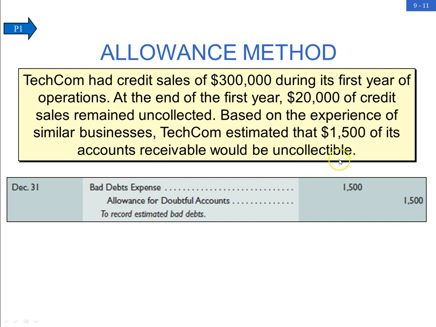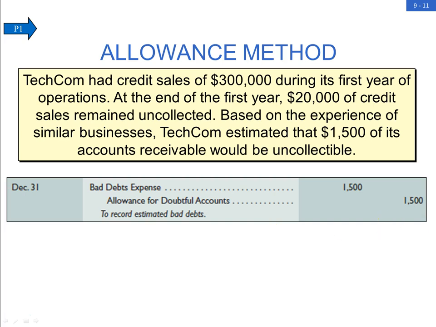So rather than going and actually writing off specific accounts receivable, we just put it into this temporary holding account, this allowance for doubtful accounts, so that once we determined who they were, we could take it out of this allowance account. But for now, it's almost just an earmark or a holding place for those bad debts that we don't know who is going to not pay us.